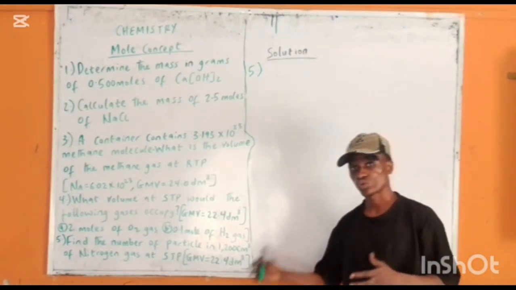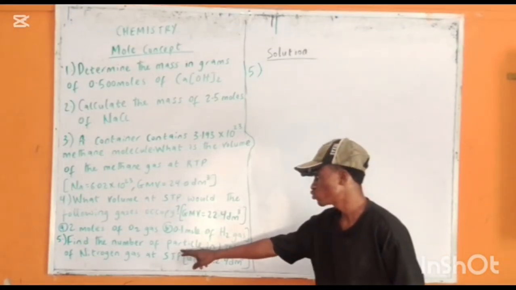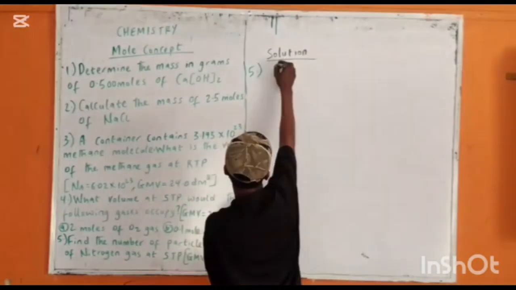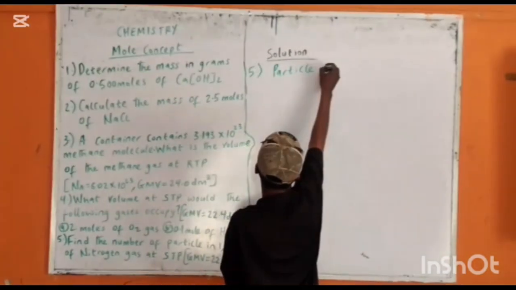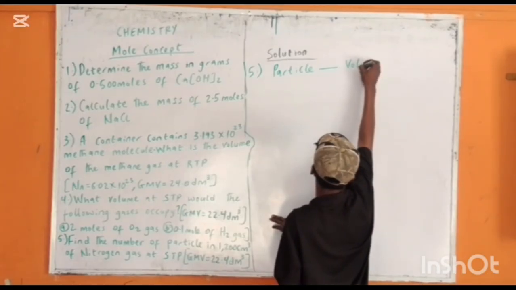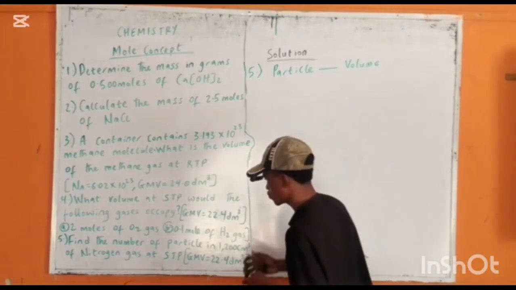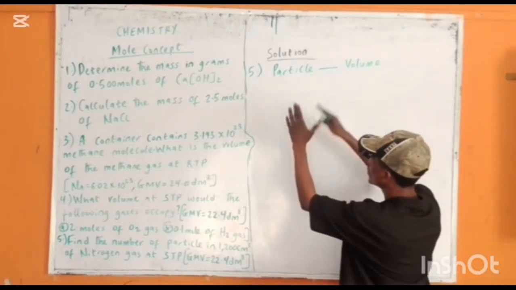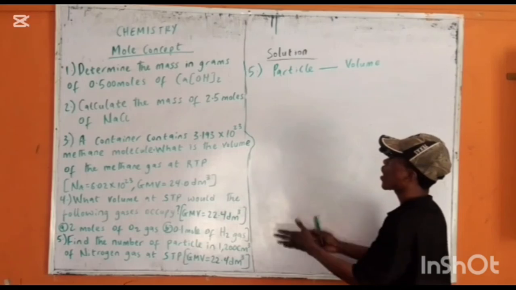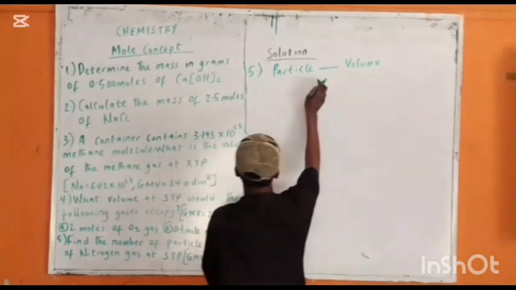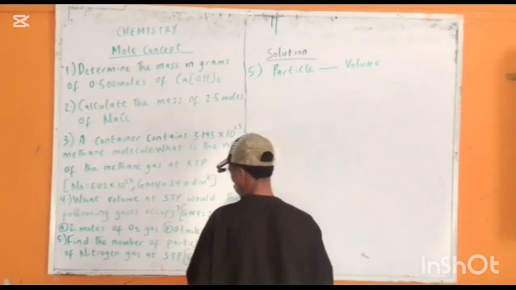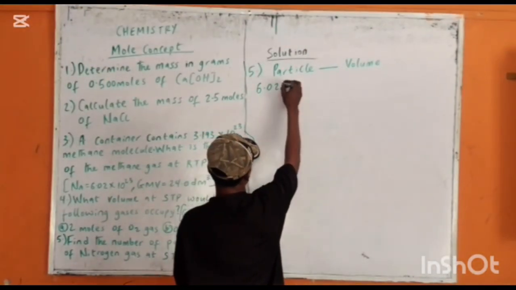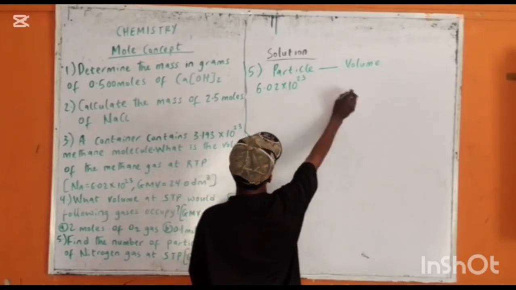So we are relating particle and volume. So 1 mole of any substance would contain how many particles? It will contain Avogadro's number or constant, which is 6.02 times 10 raised to the power 23 particles.